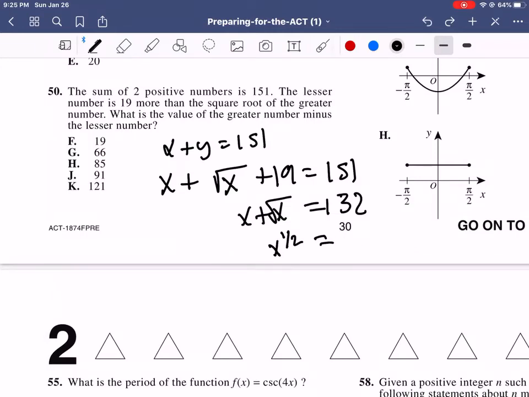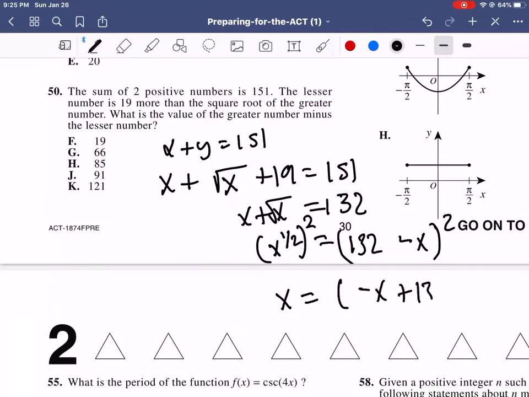So you just multiply this by power of 2. So it's 132 minus x times 2. Okay, yeah. I'm just stupid, sorry. So x equals, because this cancels out, equals negative x plus 132 squared.